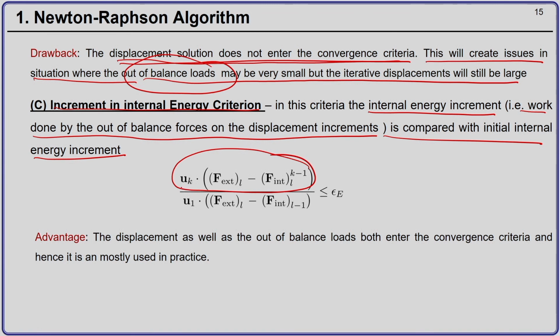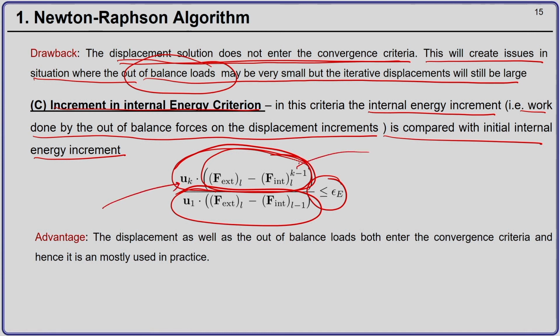UK is the solution for the displacement obtained in the kth Newton-Raphson step, and this is dotted with the out of balance load, that is the residual obtained till the previous Newton-Raphson step, divided by the reference internal energy increment, and if this is less than a tolerance epsilon E, then we say our Newton-Raphson has converged.